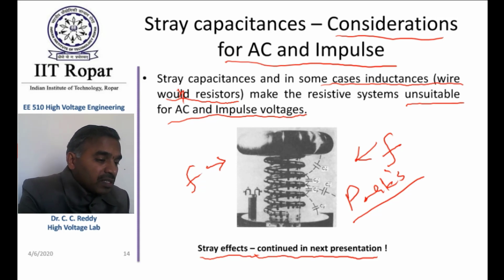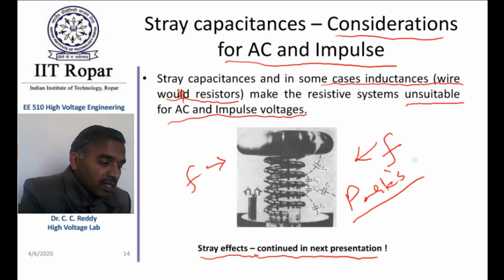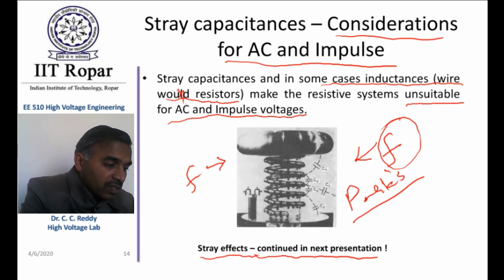So the capacitance and then inductance will dominate. Unless frequency gets cancelled out, it is not possible to get accurate results using resistive dividers for AC and impulse. That's why for AC and impulse, resistive dividers are discouraged.